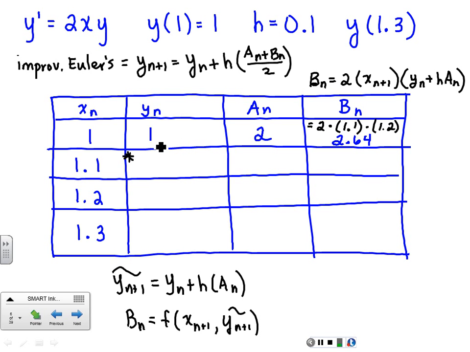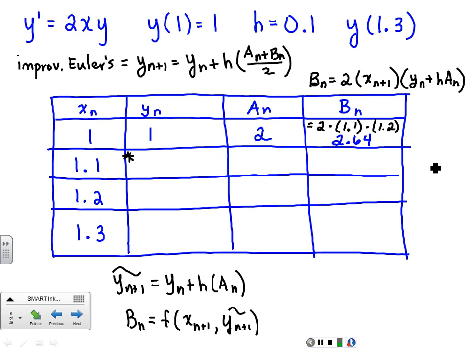It's going to be 1, your y sub n was 1, plus 0.1 times, I'm going to use my parentheses keys here, open parentheses 2 plus 2.64, divided by 2. Your calculator might do better doing this part first, then adding. So 2 plus 2.64 equals, divided by 2, equals, and then times 0.1 equals, and then plus my y sub n.